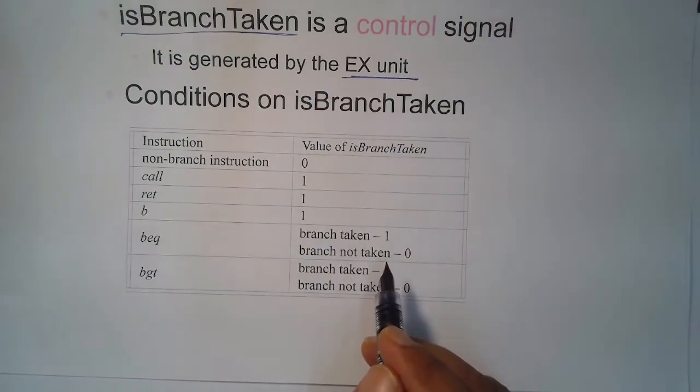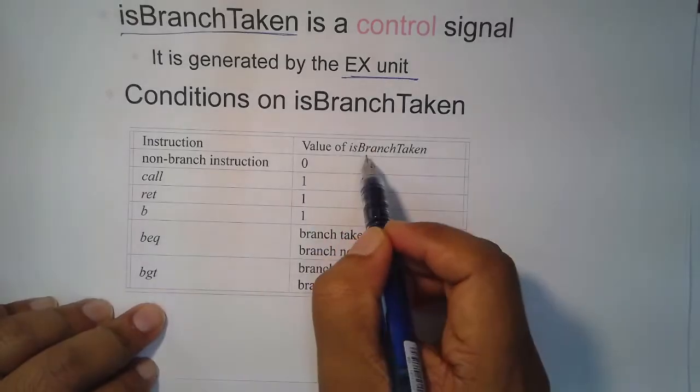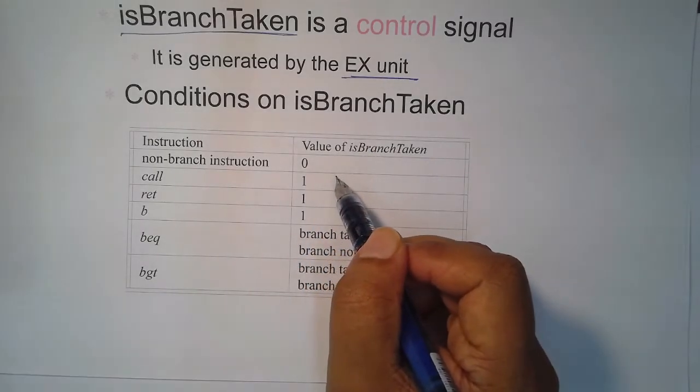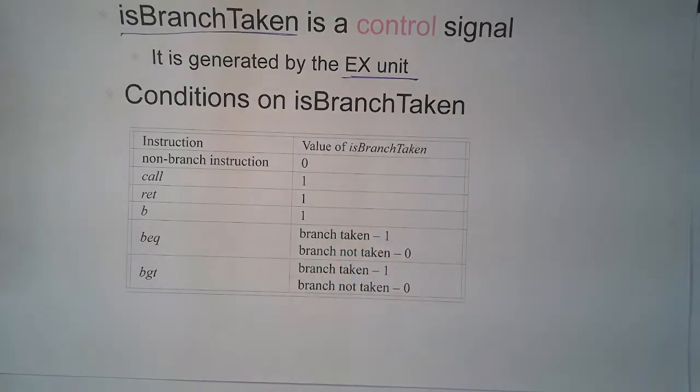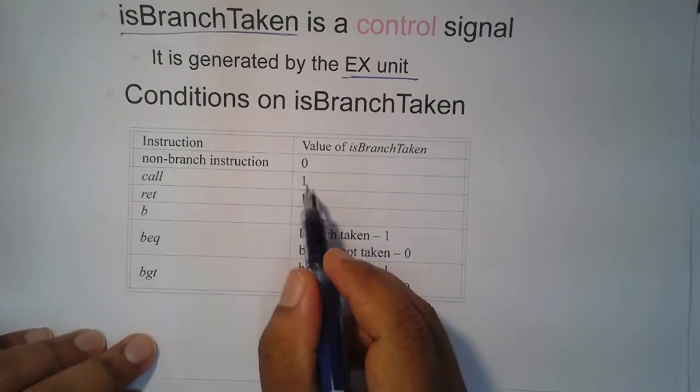In some cases the instruction may not be a branch instruction. For example, if it is a non-branch instruction, then is branch taken will always be 0. As soon as you decode that, you can figure out that since this is not a branch instruction, the is branch taken control signal does not make sense and it will be 0.